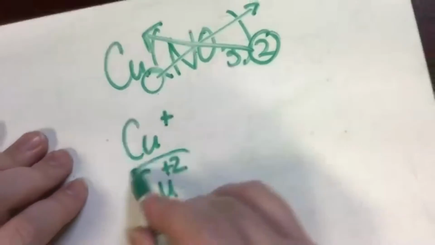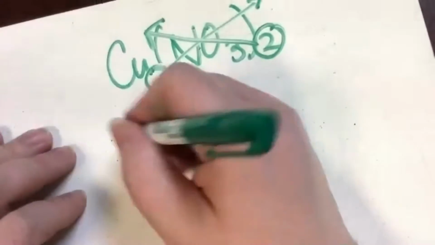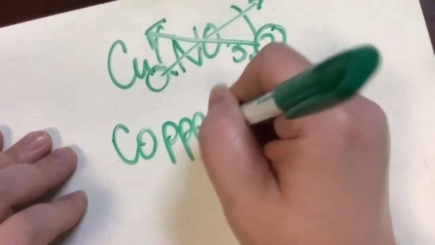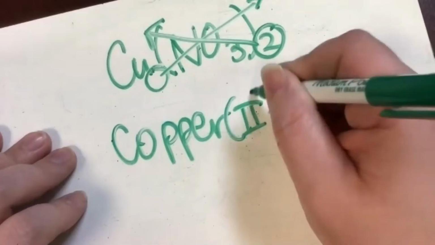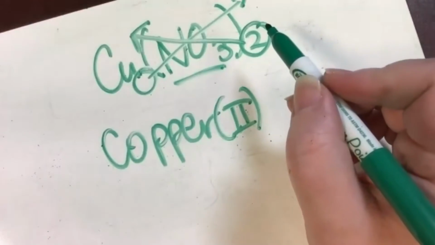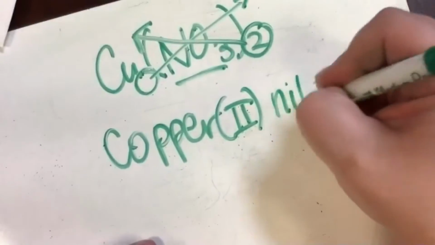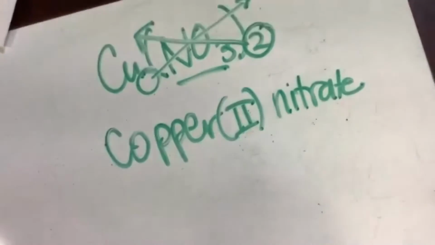So that means it's copper plus 2. Okay, so I'm going to write it down, copper(II), and then I can name this NO3. That's polyatomic. NO3 is nitrate. And that's it, copper(II) nitrate.